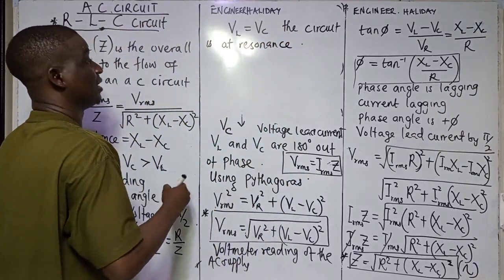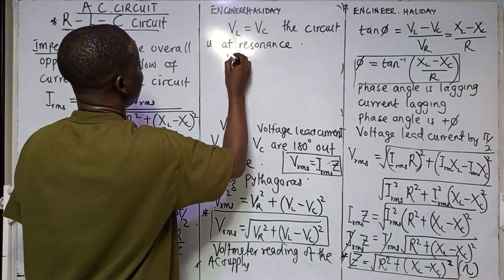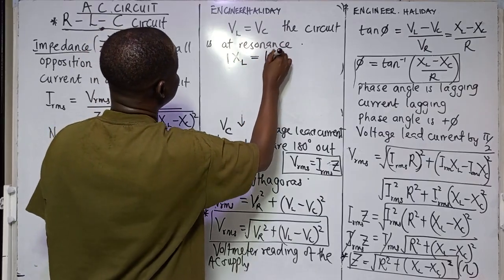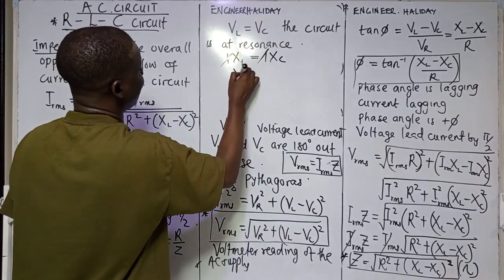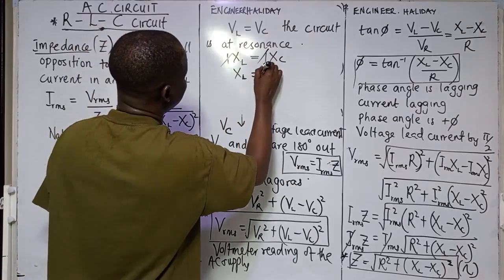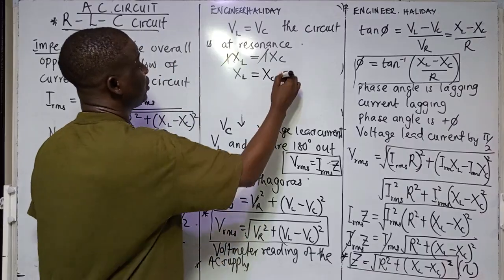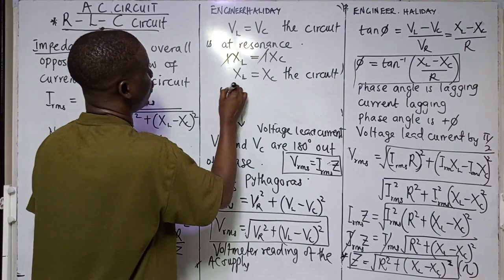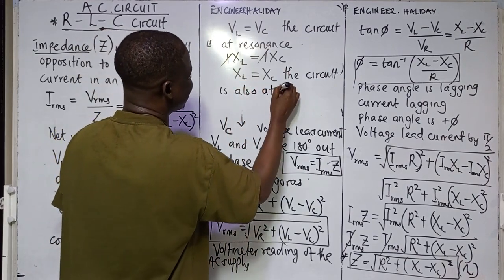The circuit is at resonance. We can also liken it to XL equal to XC, since I will cancel the current. So XL equal to XC. In this case, the circuit is also at resonance.